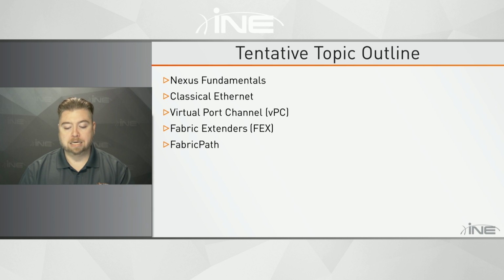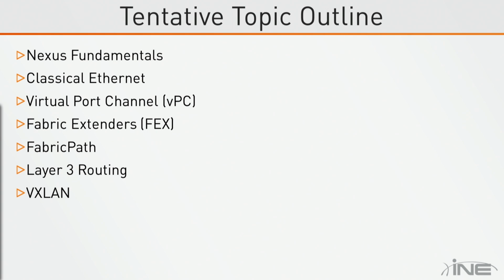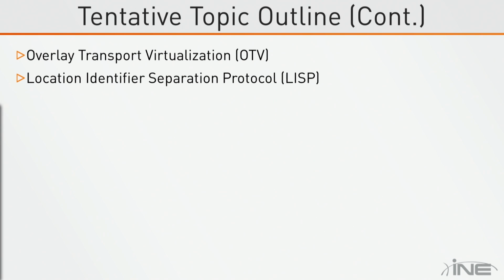Then we'll look at the layer 3 routing features in terms of our IGP routing, like OSPF, EIGRP, IS-IS, and start to get into BGP routing, which is then going to take us into our next overlay fabric routing, which is Virtual Extensible LAN, or VXLAN. Then one of the big topics that everybody is looking for, actually no, not the next one here. The next one after that is going to be Overlay Transport Virtualization, as well as the Location Identifier Separation Protocol, or LISP. Those are going to go hand in hand.